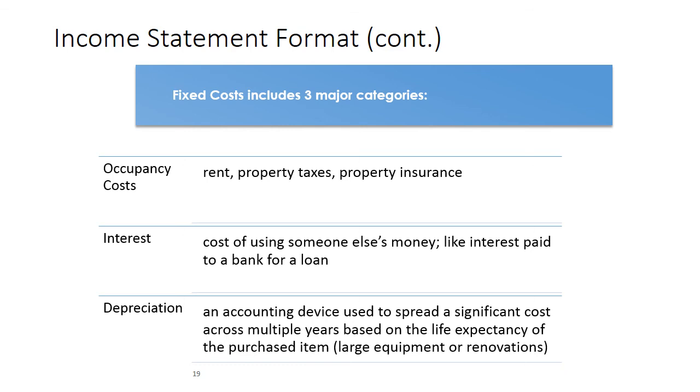We can't get any salvage value for that. So we would take the value of that product, divide it by 10, and 1/10 of that each year is counted as a depreciation expense. And there's a couple of different ways to do that, but that's the most common, the straight line depreciation method.